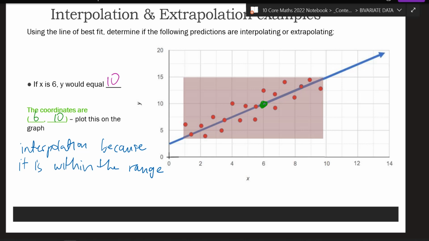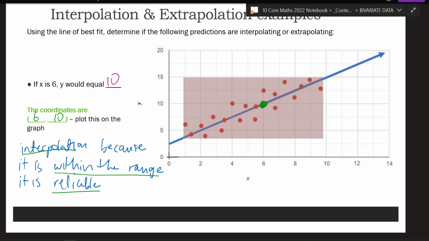Interpolation, because it is within the range. And some people also write it is reliable. Okay, you want to make sure you include these words here: interpolation, within the range, reliable. Really, really important. That's what they want to see in the actual answers.